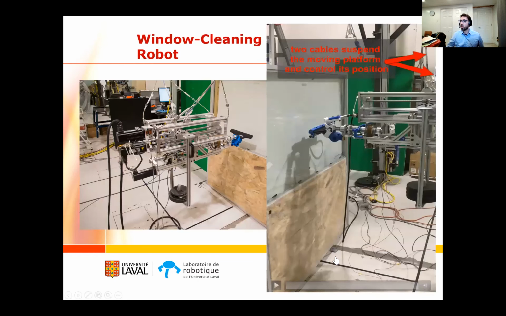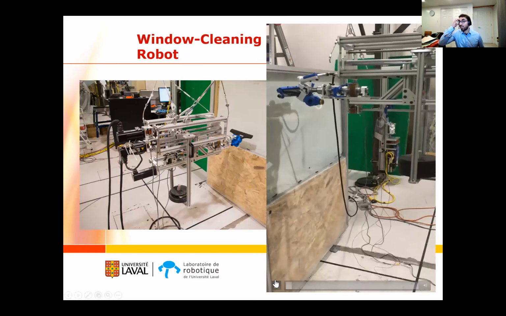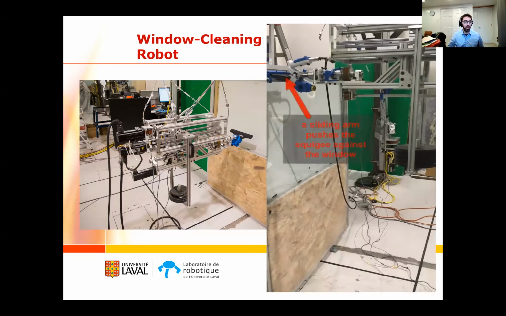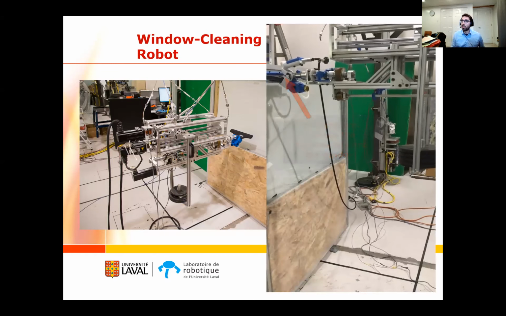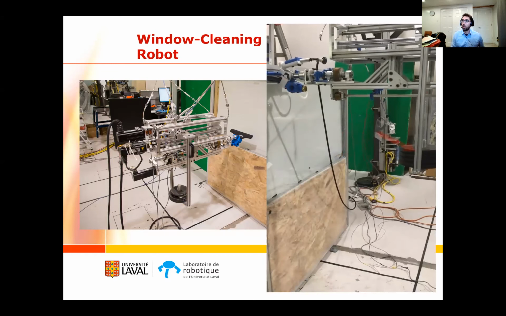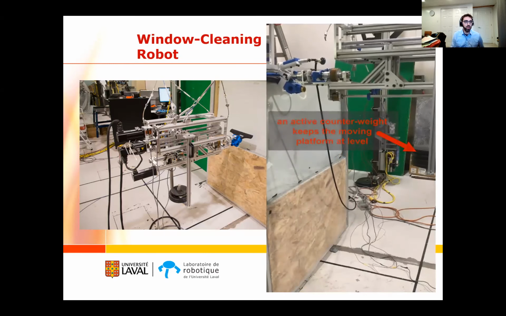And we've been working also on window washing. I think it was Darwin this morning who showed a robot for window washing application. Here, we have a bit of a different philosophy though, because we have only 4 actuators in this.